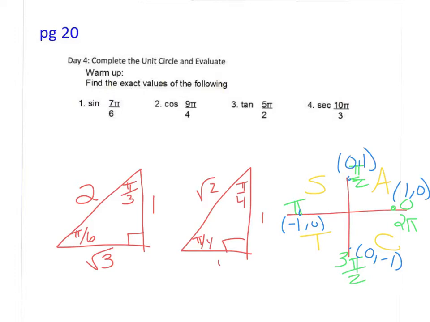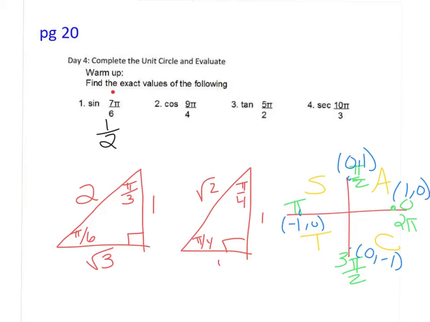So now sine of 7 pi over 6, what I'm going to do is find my pi over 6 angle, which is right here. So sine is opposite over hypotenuse. So this equals 1/2. But then I have to figure out, is that positive or negative? So I need to decide which quadrant is 7 pi over 6 in. If I come to my circle here, I'm always going to refer to 2 pi and pi.